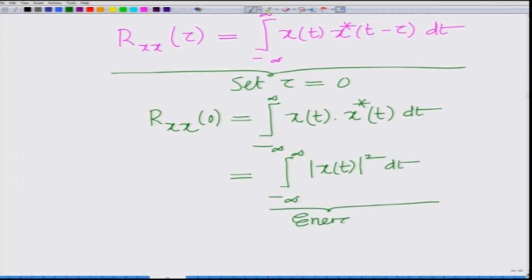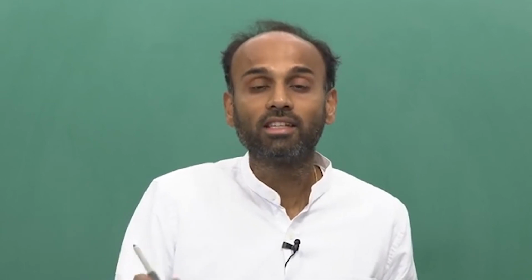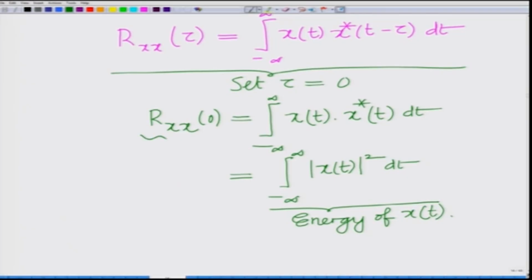Look at this, this is the integral minus infinity to infinity magnitude x t square dt, which is nothing but the energy of the signal x t. Therefore, R x x 0 is the energy of the signal.